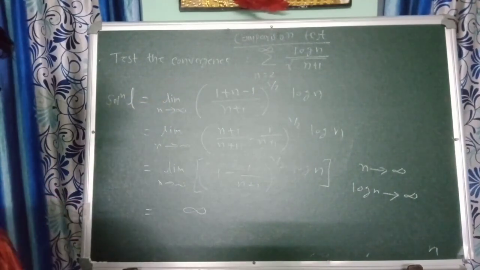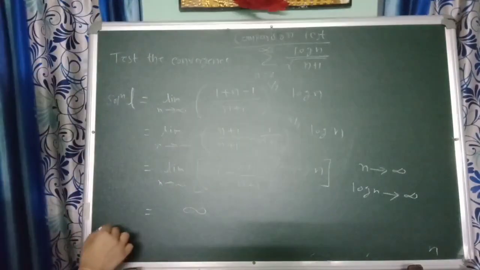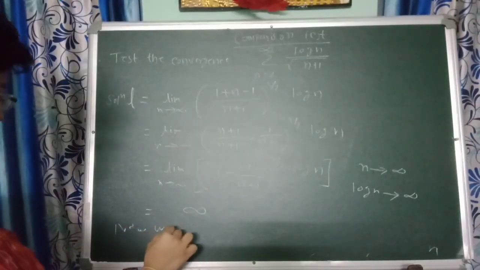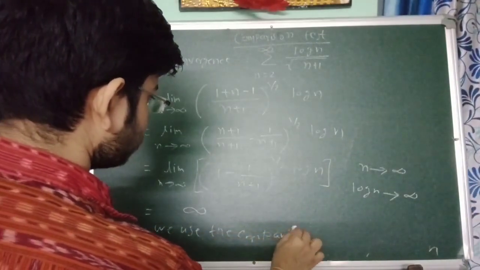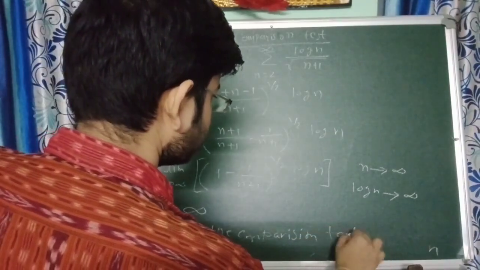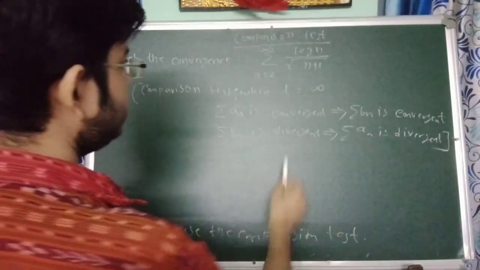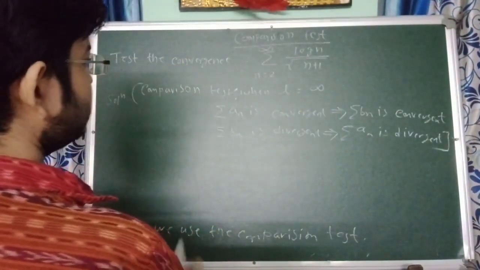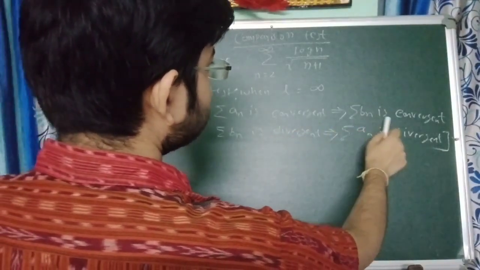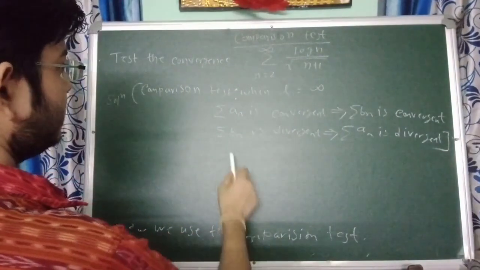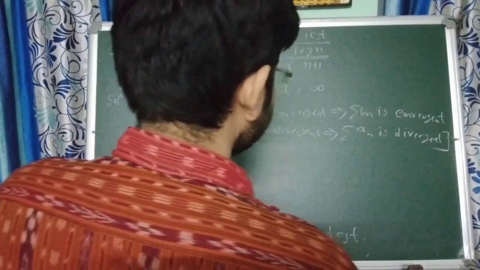So the limiting value of a_n by b_n is infinity. Now we use the comparison test. We know that if summation b_n is convergent, then summation a_n is also convergent, and if summation b_n is divergent, this implies that summation a_n is divergent.